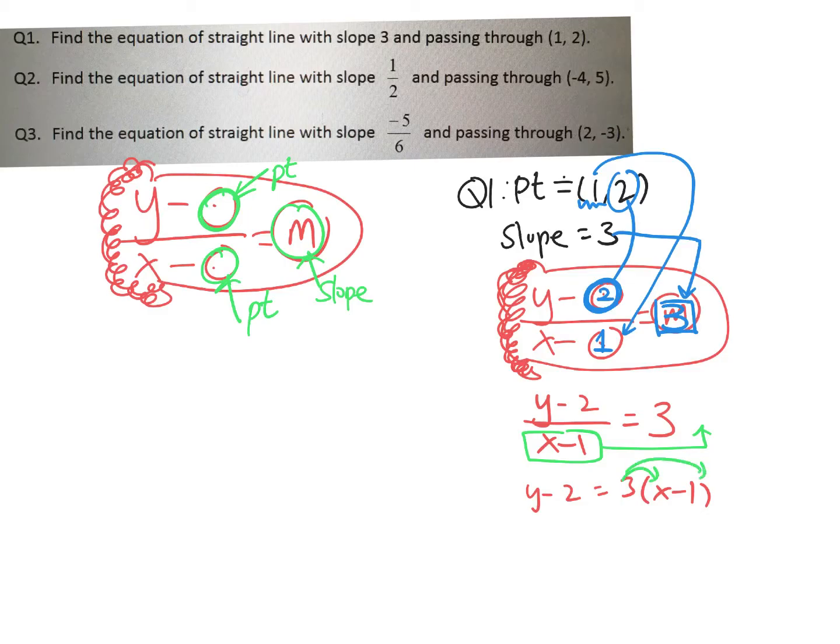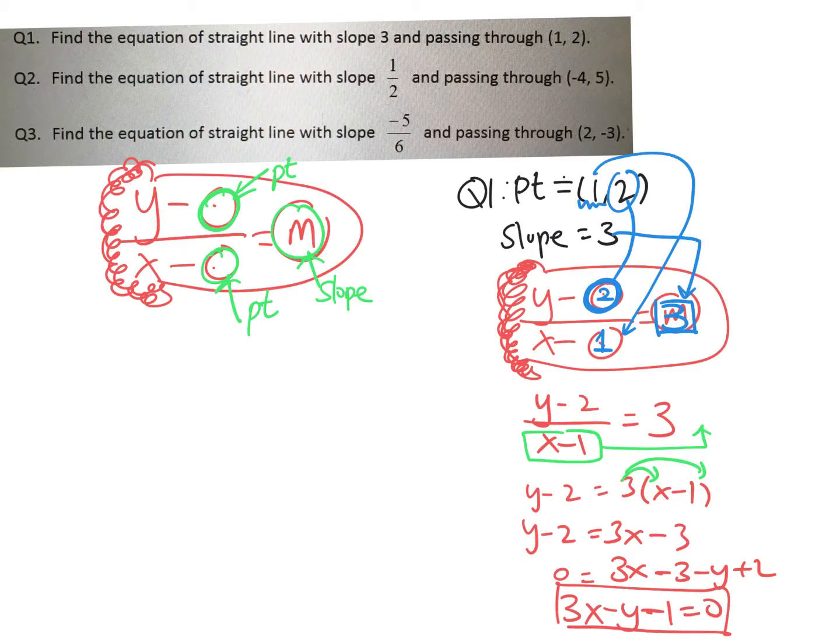Expand by the rainbow method, and lastly we move everything to the right, because the 3x here is positive, so we make everything to the right 0. The final answer will be 3x minus y minus 1 equals 0. This is the equation that we want.